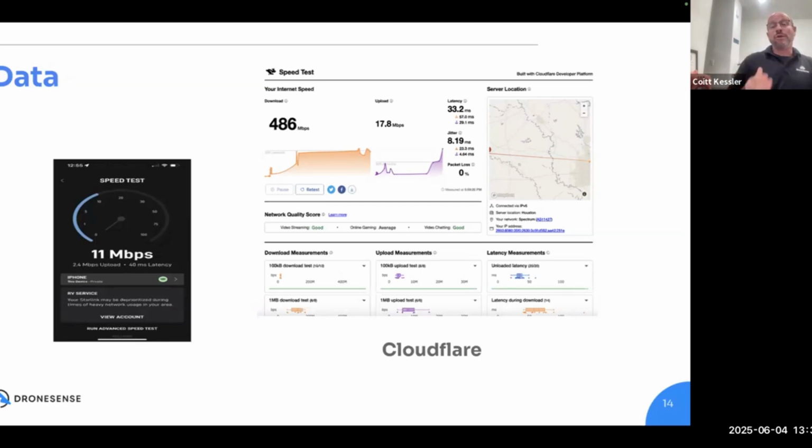So if you need to make command decisions, you can always look down at your controller, key up your radio, and talk to command. But later on, you're going to want to be able to show and demonstrate what it was that you were communicating. So, as a good reminder at these disaster responses, just hit your record button.